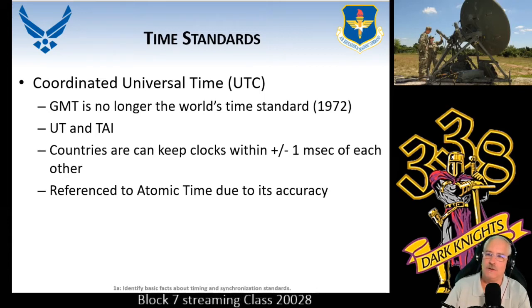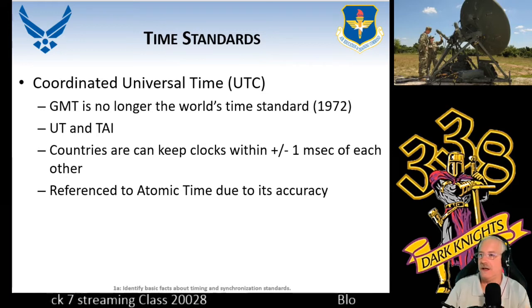So GMT transferred to the universal time. The TIA is the international agency that keeps it, and we're going to go through it here in just a minute. This changed in 1972 so we can make sure that we have a standard for the whole world.